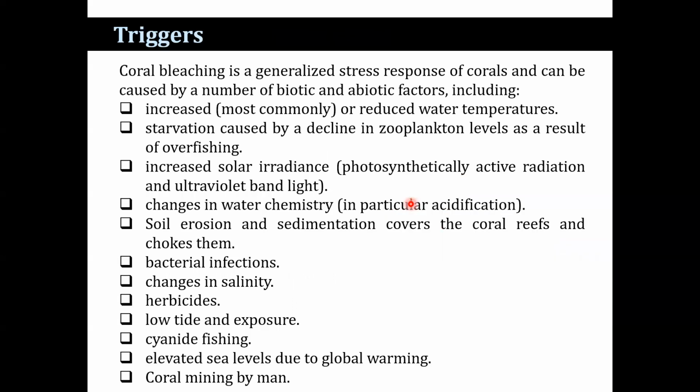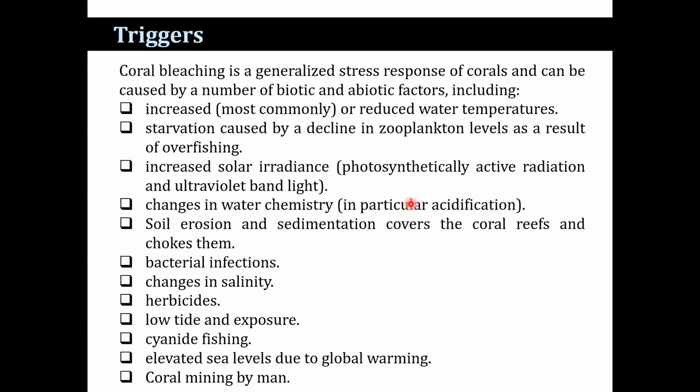And what are the triggers behind it? Coral bleaching is a generalized stress response of corals and can be caused by a number of biotic and abiotic factors, such as increased or reduced water temperature, starvation caused by a decline in zooplankton levels as a result of overfishing, increased solar irradiance, changes in water chemistry, soil erosion and sedimentation that cover and choke the coral reefs, bacterial infection, changes in salinity, herbicide application, low tide and exposure, cyanide fishing, elevated sea levels due to global warming, and coral mining by man.